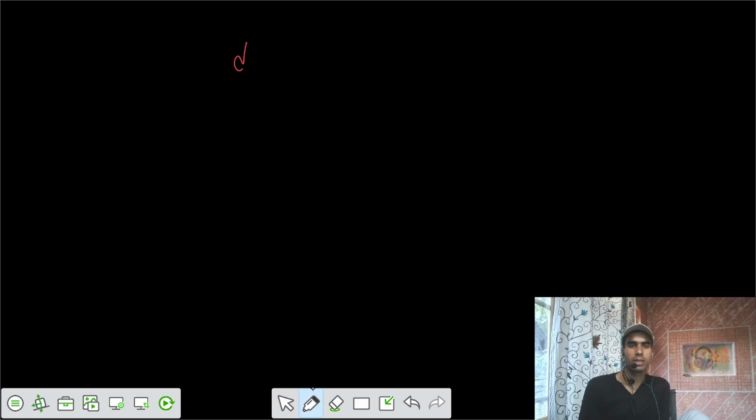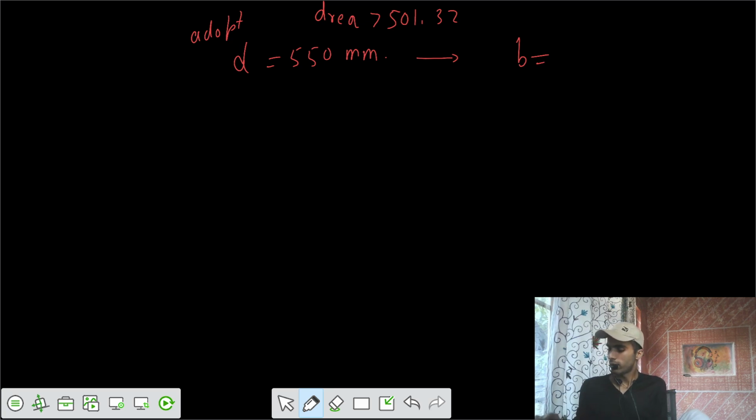If I adopt the value of D finally equals 550, our D required should have been greater than 501.32. So if I adopt D to be 550 millimeters as per the initial value, b would be equal to 550 by 2, that's 275 millimeters.